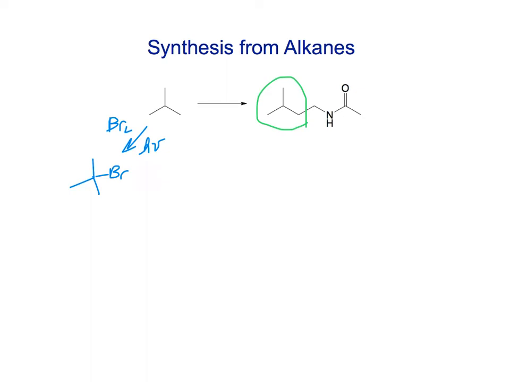So yeah, the only way really to do that very easily is to do an elimination step here, right? I think pretty much any strong base will cause an E2 elimination because it's a tertiary alkyl halide. We're not going to get an SN2 substitution, right? So it would need to do elimination. Okay, so we get our double bond, and so now we need to do a reaction out on the end.